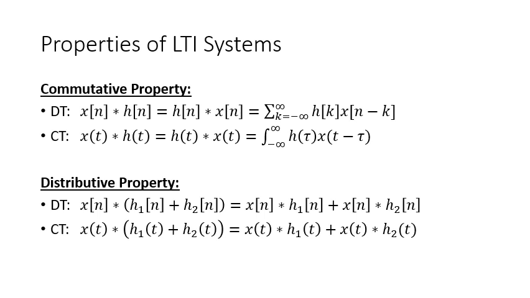We use the convolution sum for the discrete time case and the convolution integral for the continuous time case. So that's all for today. In the next lecture we'll start the properties of LTI systems. See you.